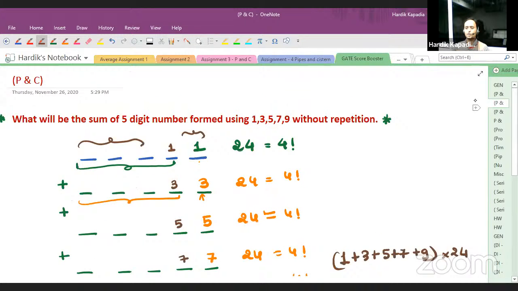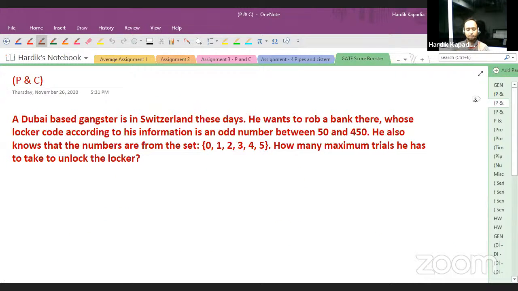And this is your question. You have 1 whole minute to answer this question. A Dubai-based gangster is in Switzerland these days.